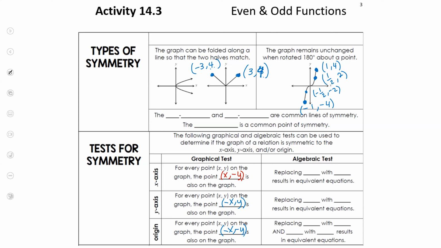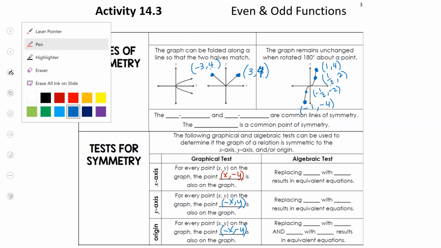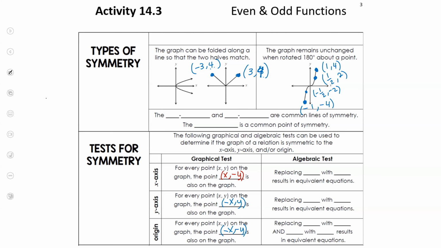Okay, so the algebraic test for when it's the x-axis, you'll replace y with a -y, and it'll result in equivalent equations. For the y-axis, when you replace an x with a -x, you'll get equivalent equations.